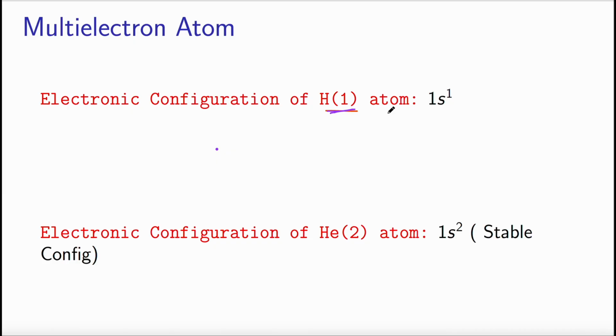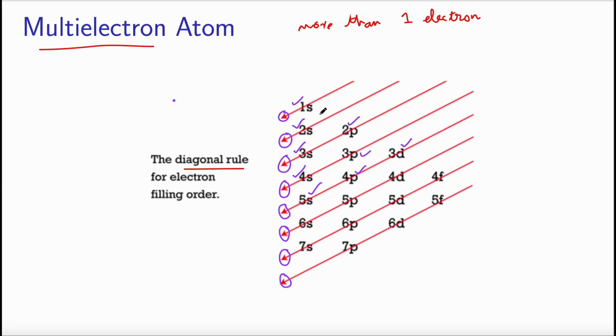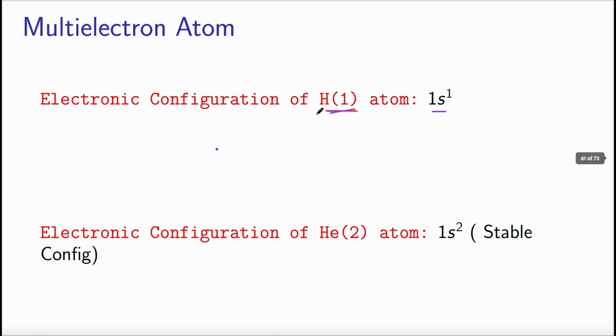So how do we write it? We say the configuration is 1s1. 1s1 means we start with 1s. There is only one electron, so we will just draw a box, and then this is one electron, either spin up or spin down. 1s1 is denoted by this.